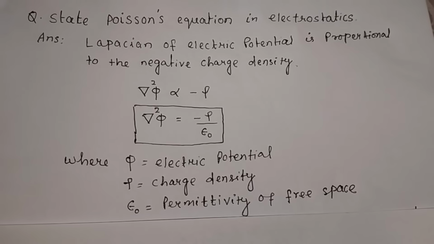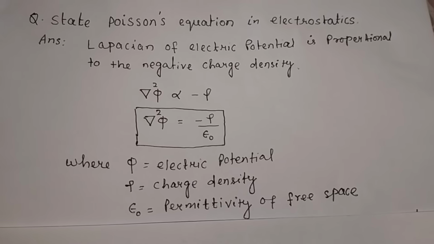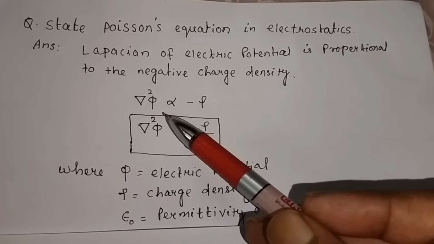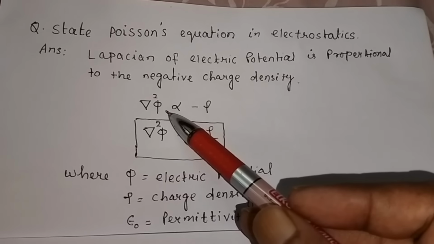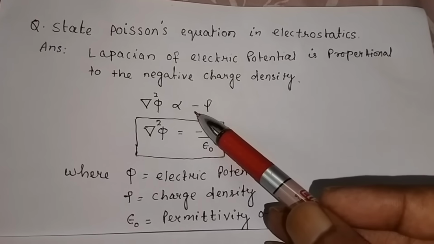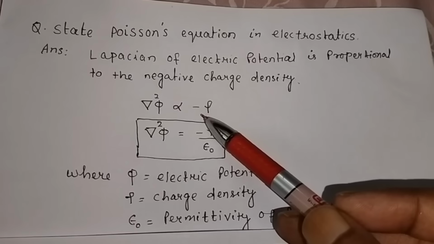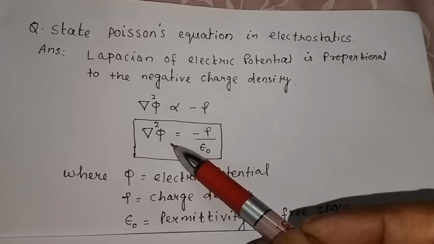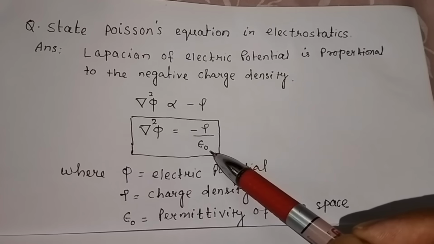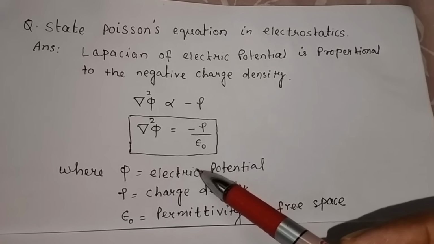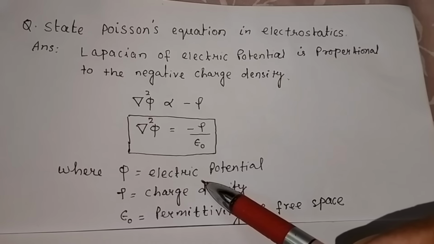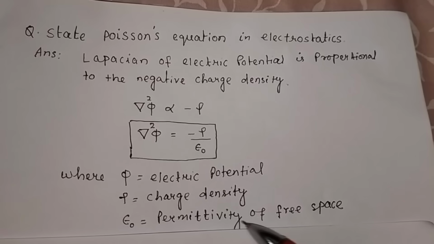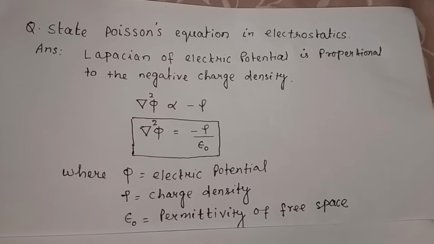Mathematically, you can write Poisson's equation: the Laplacian of the electric potential, del square phi, is proportional to minus the charge density rho, or del square phi equals minus rho divided by epsilon 0. Here phi is called the electric potential, rho is the charge density, and epsilon 0 is the permittivity of free space.